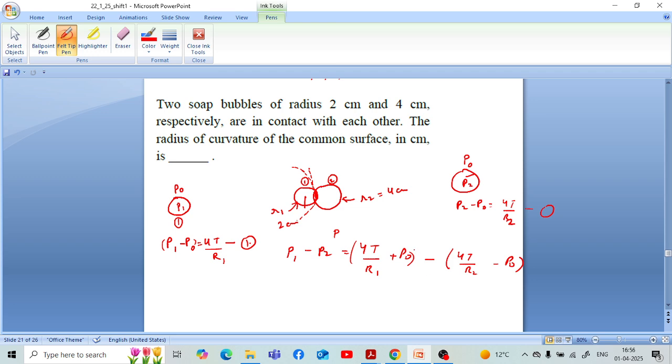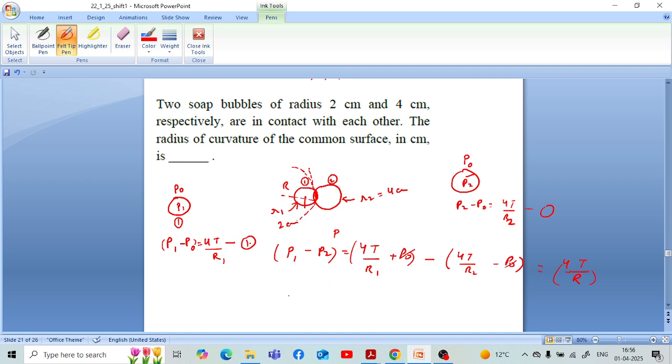Now you can easily see that this P0 cancels with this P0. And this excess pressure between the bubbles, we can write in terms of surface tension as 4T upon the common radius of curvature. So here we use P1 minus P2 is equal to 4T upon R.